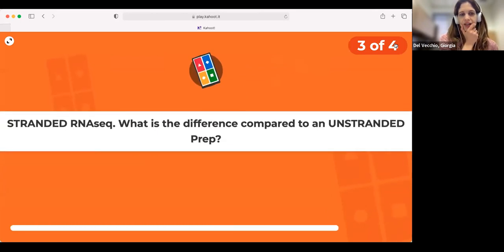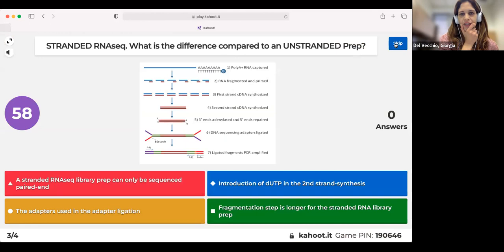Stranded RNA-Seq: what is the difference compared to an unstranded prep? A stranded RNA-Seq library prep can only be sequenced paired-end; the stranded prep introduces UTP in the second strand synthesis; the adapters used in the adapter ligation are different; or the fragmentation step is longer for the stranded library prep.